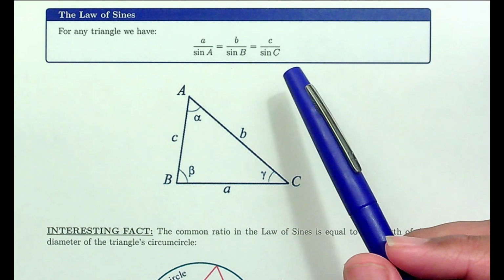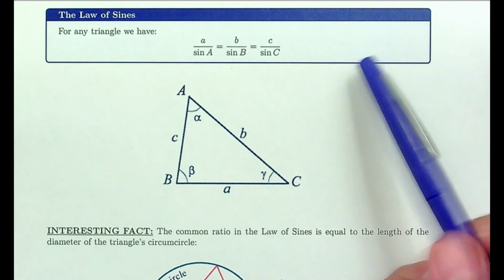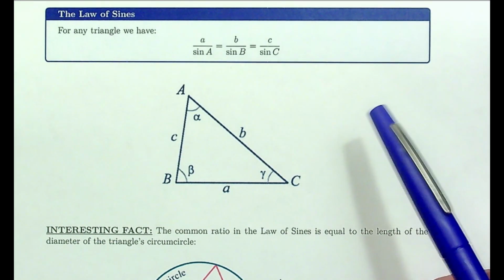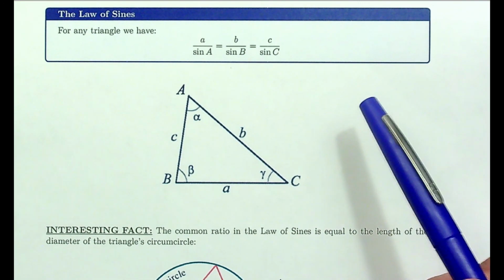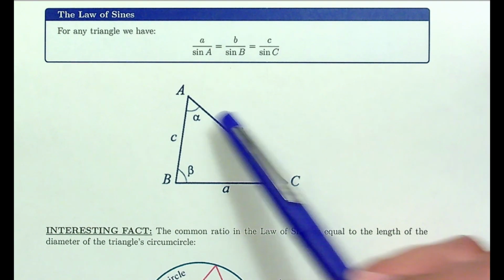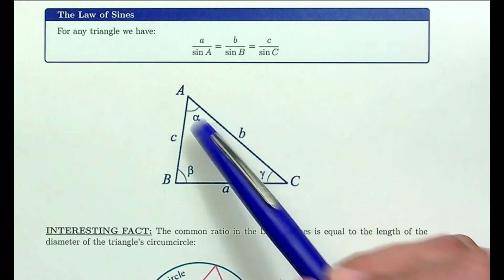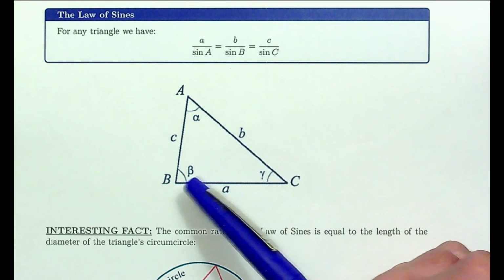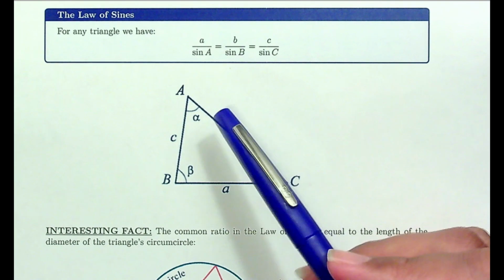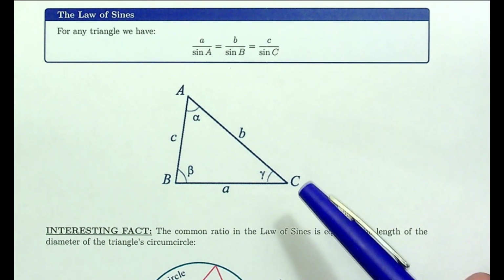Usually we use capital A, capital B, capital C. Those are the angles, angle A, angle B, angle C. Some books, some people use Greek letters: the first 3 letters of the Greek alphabet, alpha, beta, and gamma. Alpha goes with A, beta goes with B, and gamma corresponds to C. So you could either use capital A, capital B, capital C, or alpha, beta, gamma.